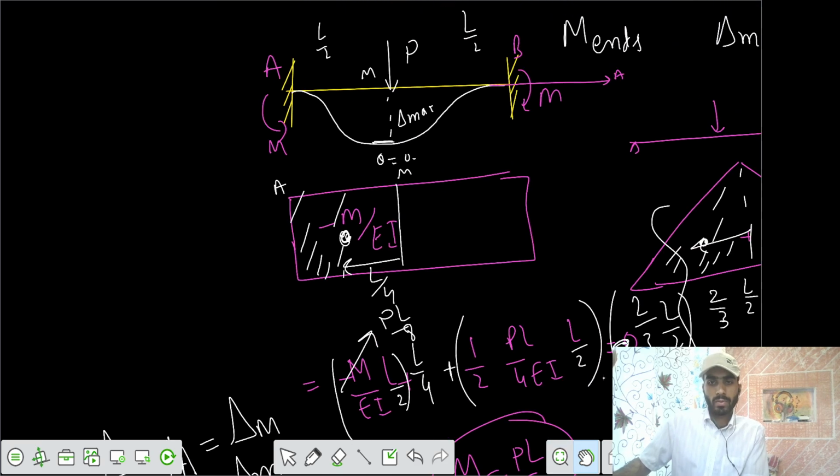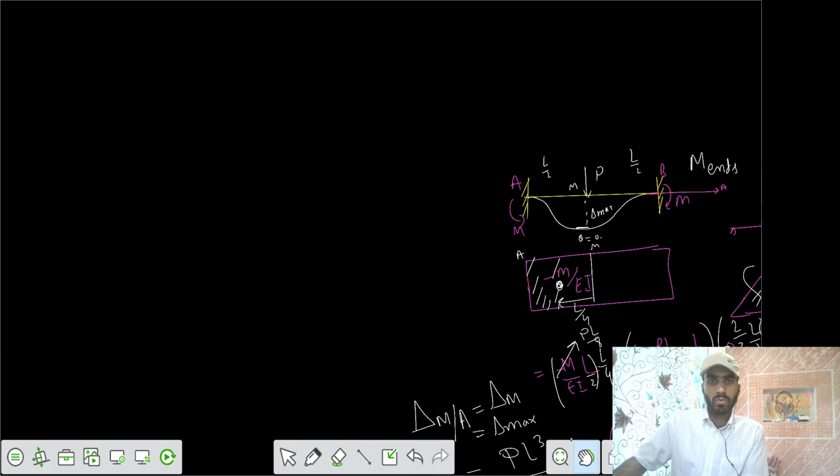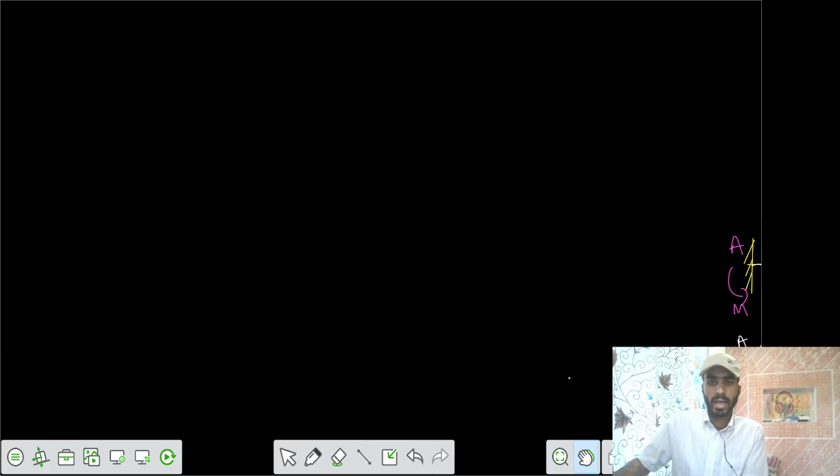So next problem: now we don't want to apply the load at the mid span exactly.